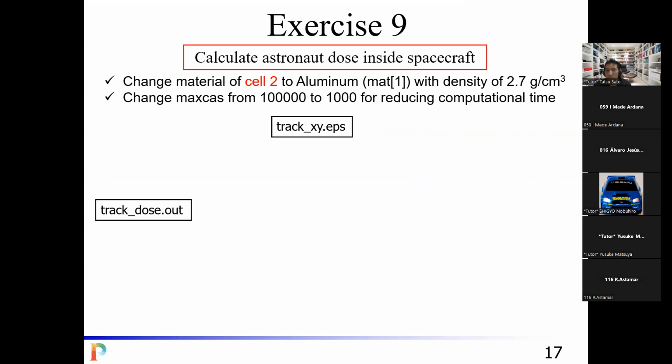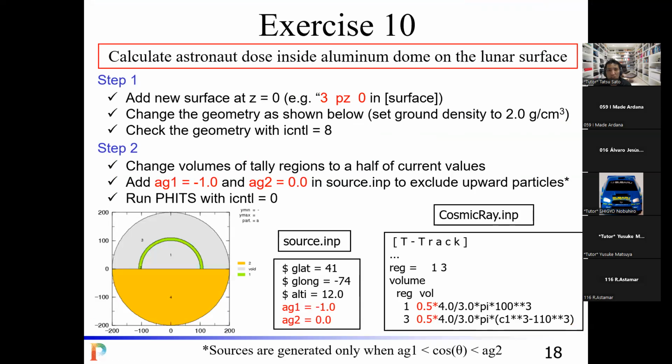Okay, so after this, maybe the next exercise is to make a lunar surface here and consider a certain angle limit for cosmic rays, because in the lunar simulation case, all cosmic rays come from upward. So you need to set up the AG1 and AG2 parameters to limit the direction of incident cosmic rays.